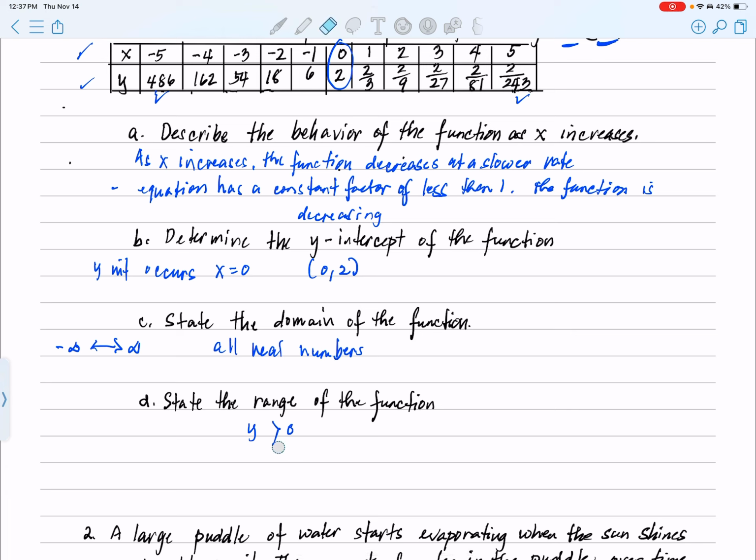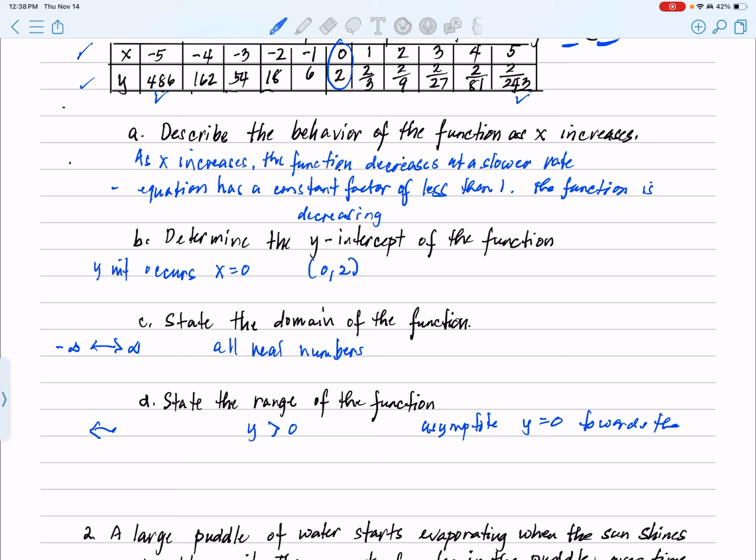Y should be greater than 0 because the graph extends indefinitely up towards the left and approaches an asymptote when y equals 0 towards the right.